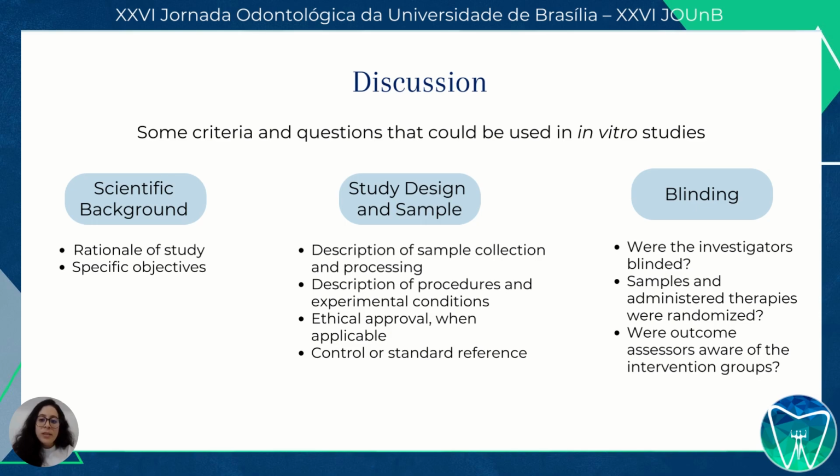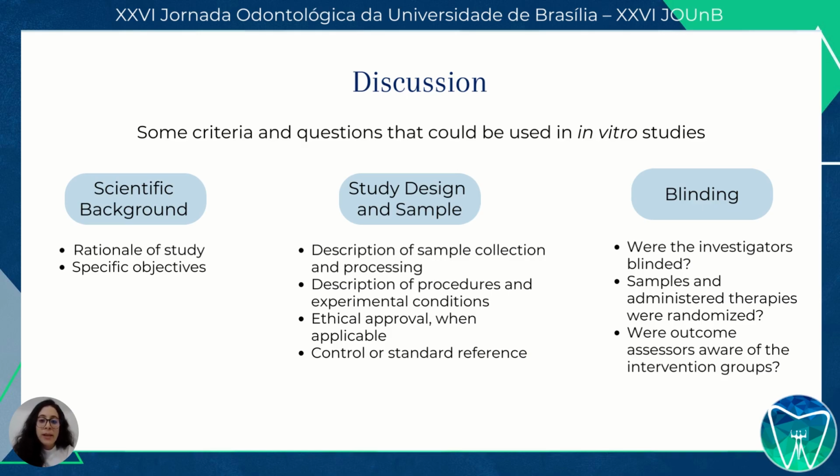For example, regarding the scientific background, it's important to report the rationale and objectives of the study. Also, the sample, the conditions, and all procedures need a clear description. Some studies need ethical approval, and it's important to have a control or standard reference.